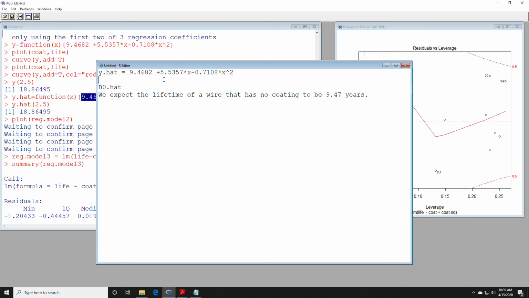So when we change x from 0 to 1, we're adding this and we're subtracting this. But if we change x from 4 to 5, we're still adding this to x, but now we go from minus 16 of these to minus 25 of these. So because there's this squared term, it completely renders the interpretation of beta 1 and beta 2 uninterpretable, okay?